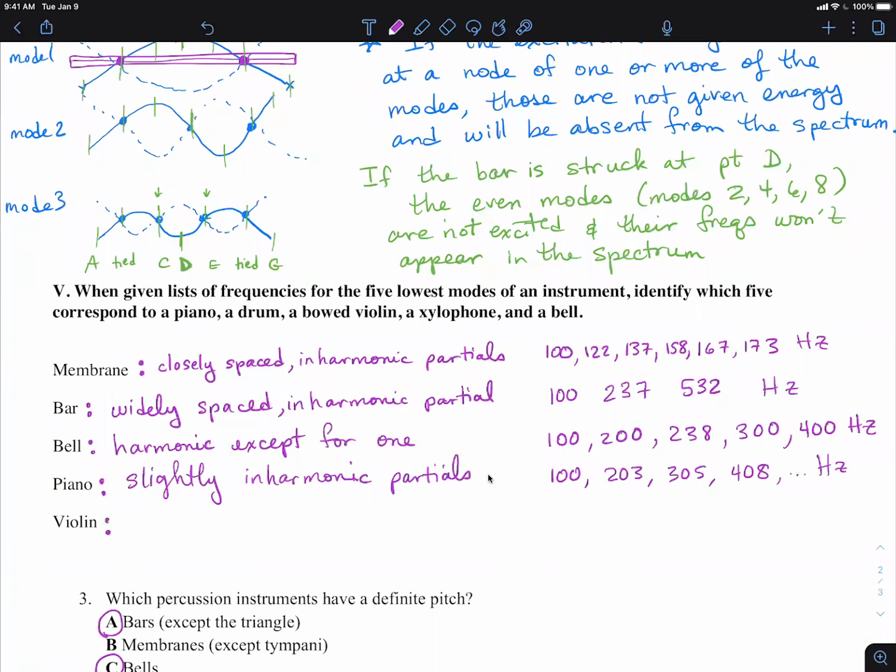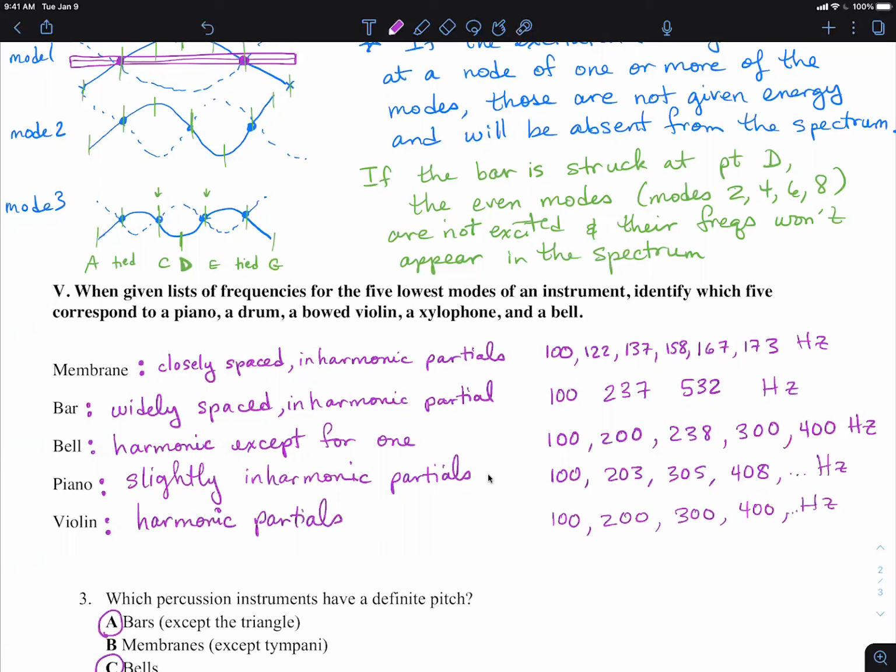Whereas the violin, our fixed string model with harmonic partials, is a very good approximation for the bowed string family because their strings are not yet so stiff. They would have harmonic partials. So the corresponding list would be 100, 200, 300, 400, etc. So you don't have to know these exact numbers.